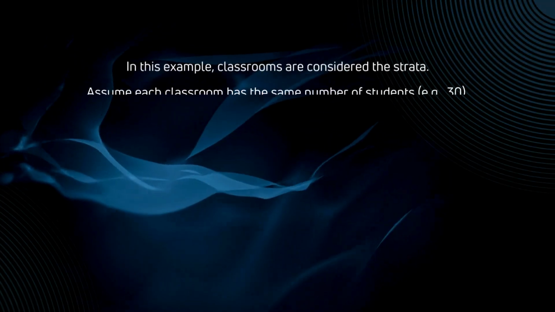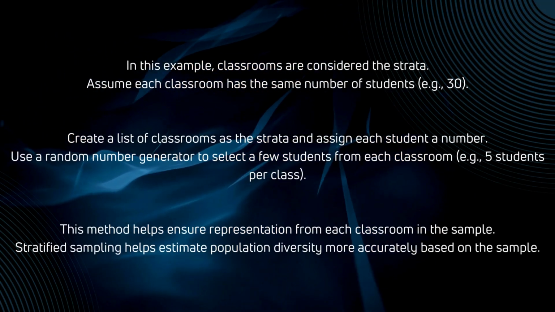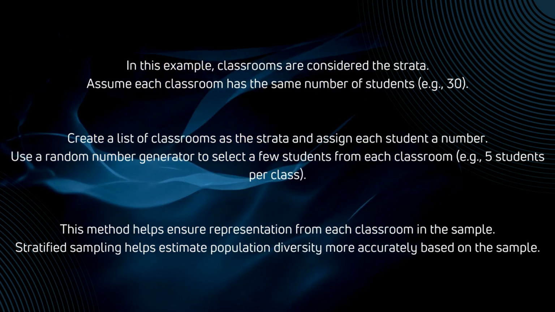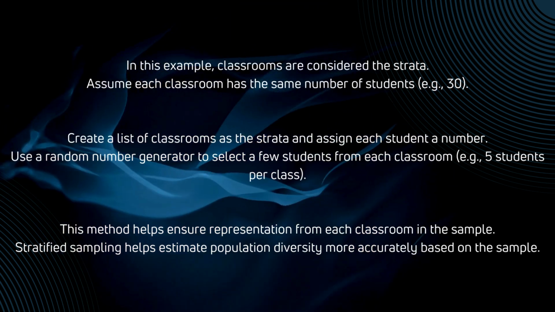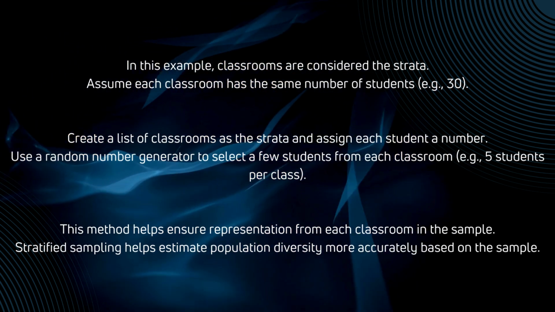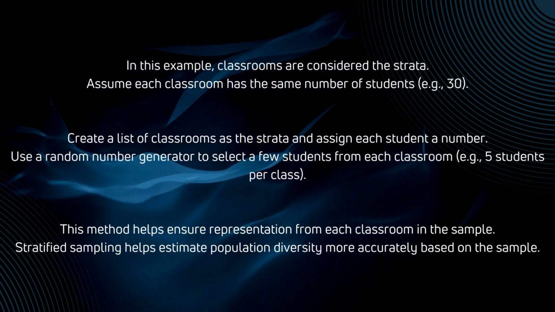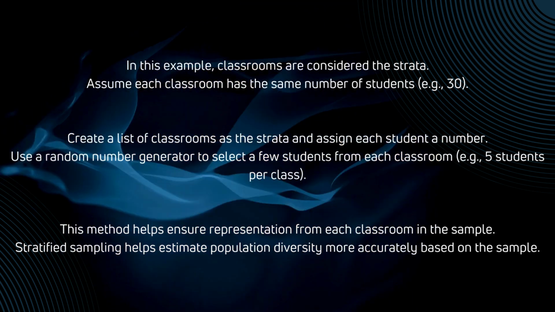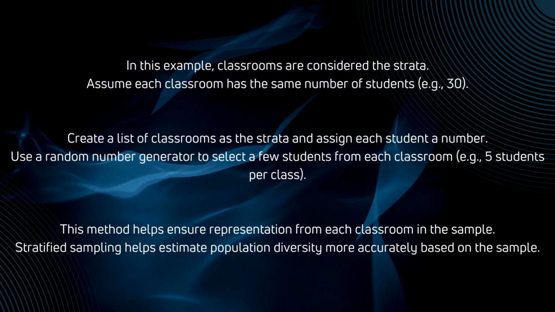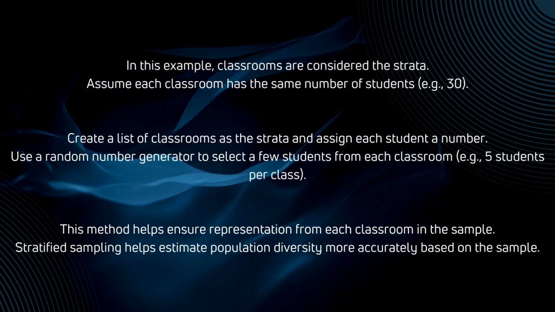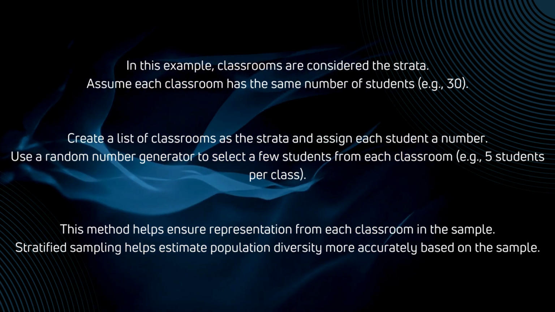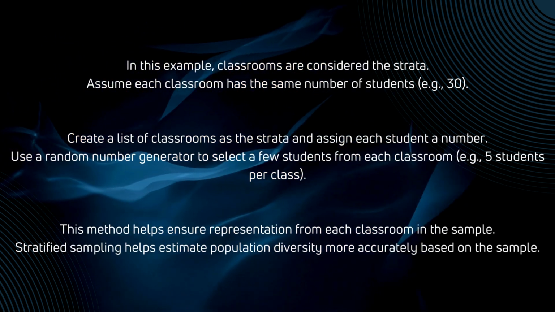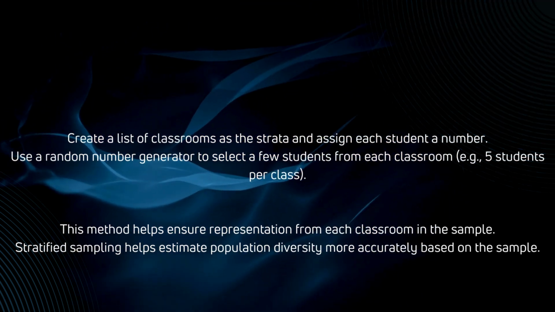reflect the whole school very well. So we need to think of better ways of getting samples. Luckily, there's different ways we can get samples. We really want all of our samples to be random, which means each sample has an equally likely chance of being selected.